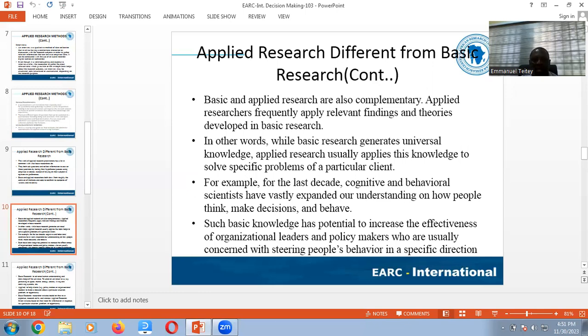Such basic knowledge has the potential to increase the effectiveness of organizational leaders and policy makers, who are usually concerned with steering people's behaviors in a specific direction.